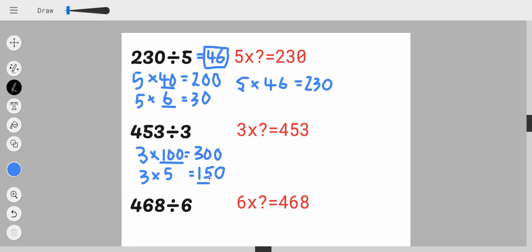So if 3 times 5 equals 15, I can use my powerful zeros to work out that 3 times 50 equals 150. Now we are almost there because we have chunked 300 and we've chunked 150 and together they make 450. We've only got the 3 left over and I know that 3 times 1 equals 3.